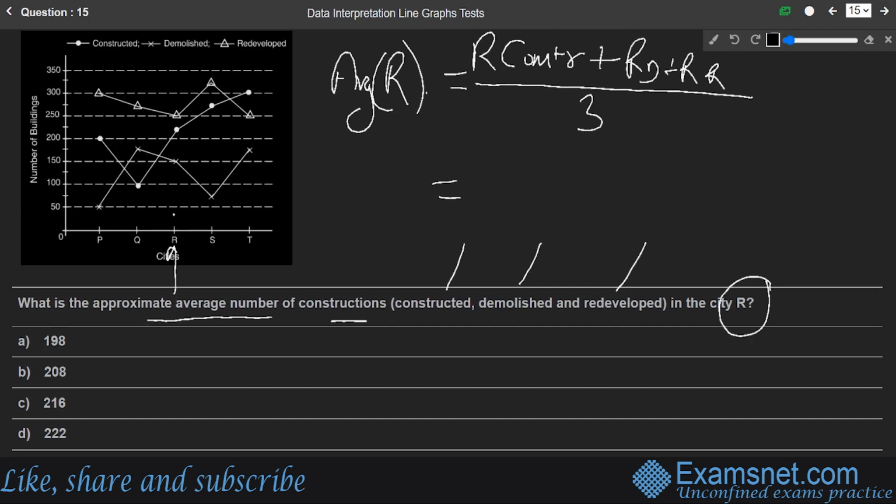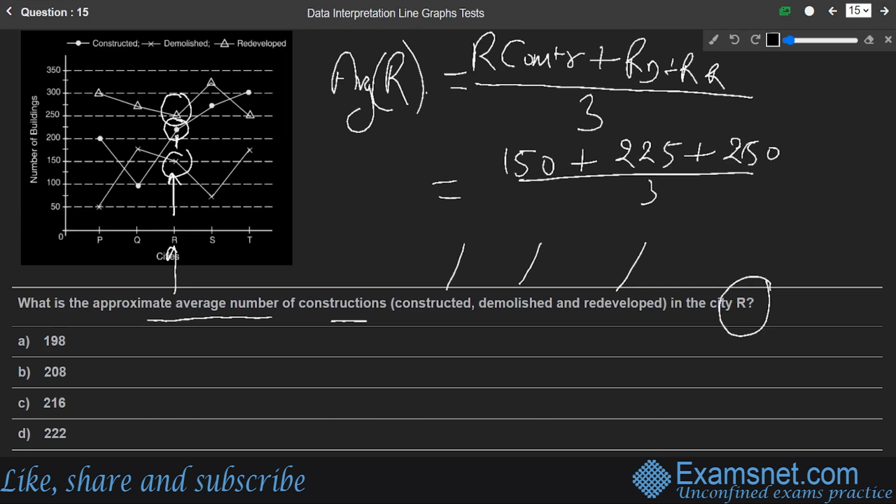Let us just see for R. The first one appears as demolished, that value is 150, plus the second, constructed, that is 225, plus then redeveloped, that is 250, divided by 3.